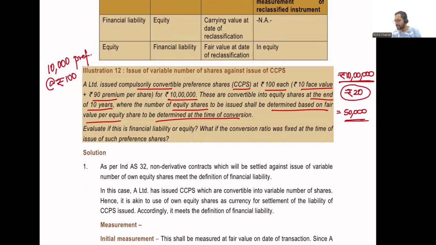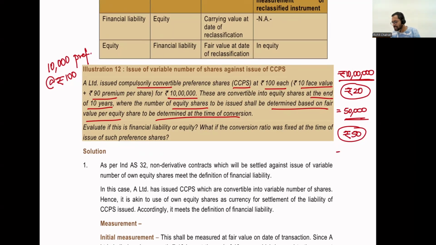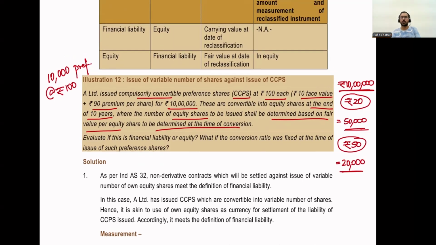If it is not 20, let us say instead of 20 on the date of conversion, the equity shares had a fair value of rupees 50. In that case, the number of equity shares to be issued will be 20,000. So depending on the fair value of the equity share on the date of conversion, we will determine the number of equity shares that the preference shares will get converted into.